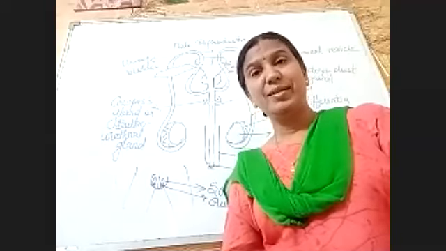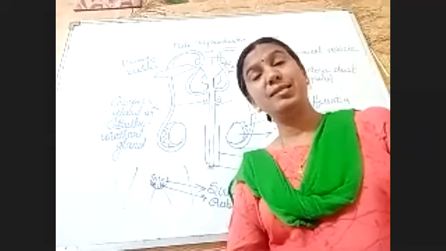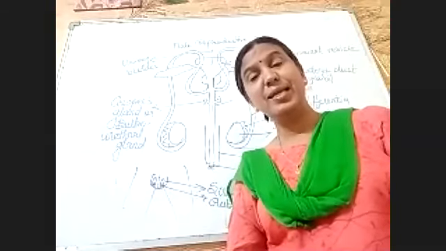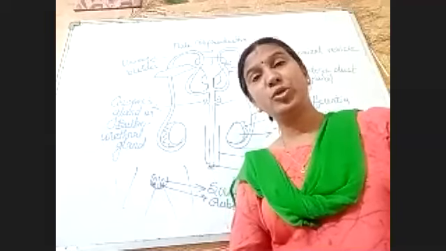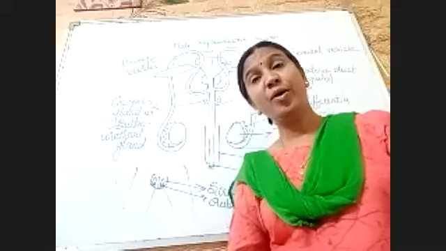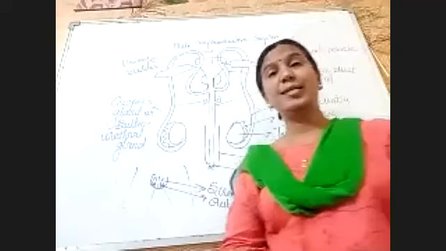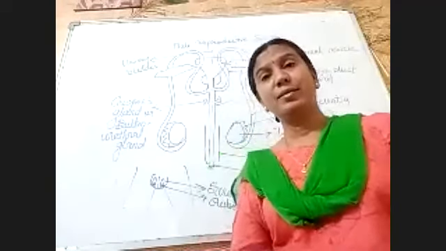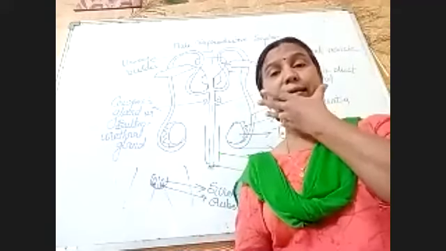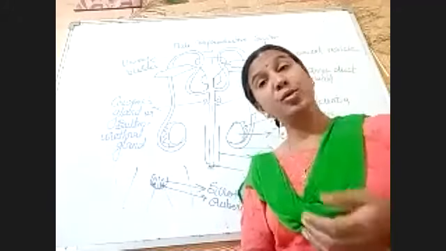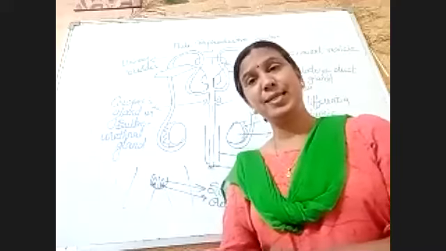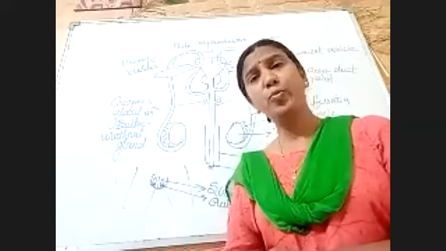The main function of the testis is the formation of sperms, and the second function is the secretion of testosterone hormone, which is responsible for secondary sexual characters in the male, like hair appearing on the face as mustache and beard, hair on the chest, the armpit, and the genital organs, which we call pubic hair.